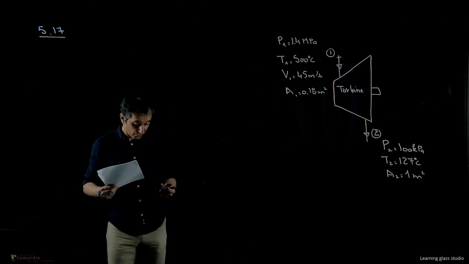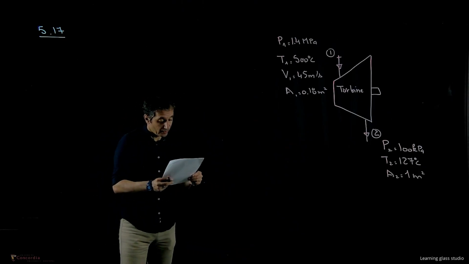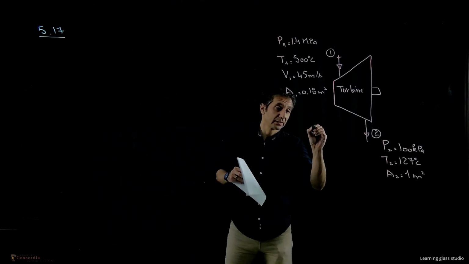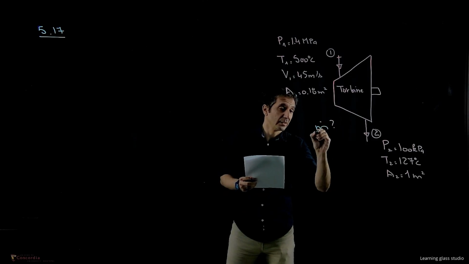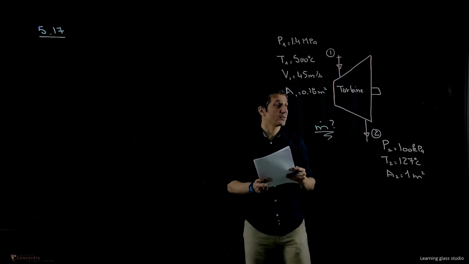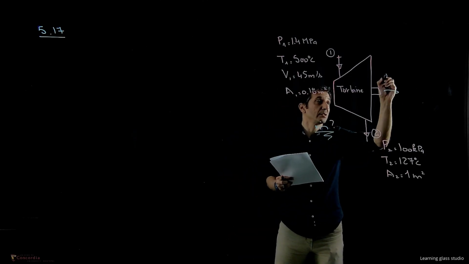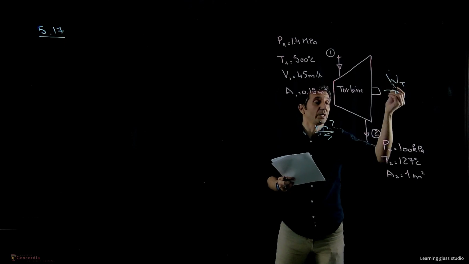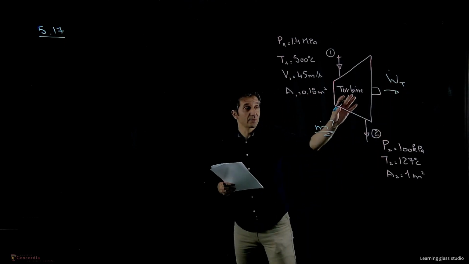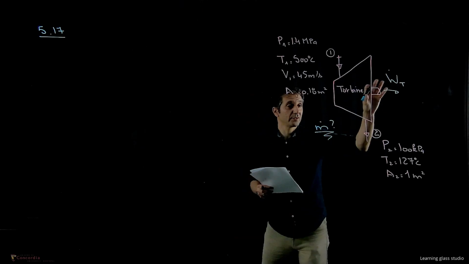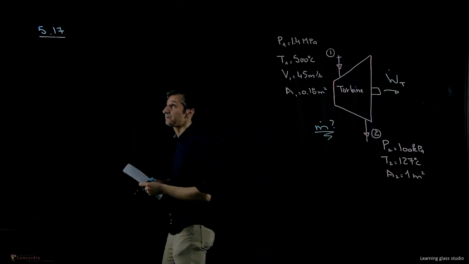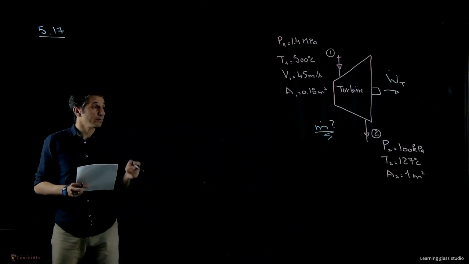So the first thing we need to get is the mass flow rate. The second thing we need to get is the power out, W of the turbine, which is a power out, okay? This is a power out, so we anticipate that this term will be positive.